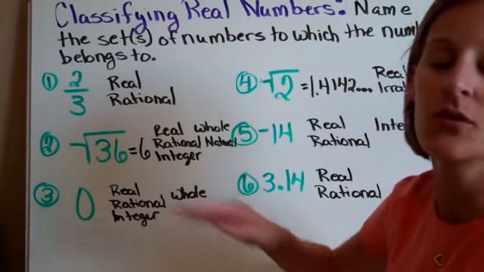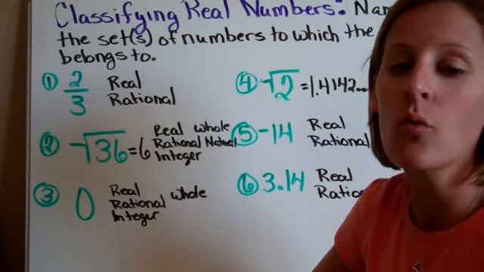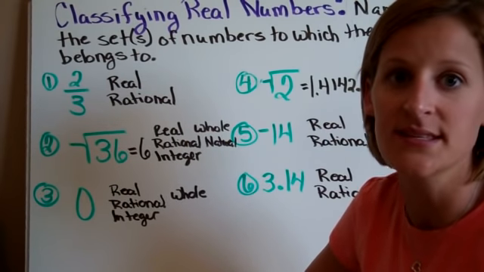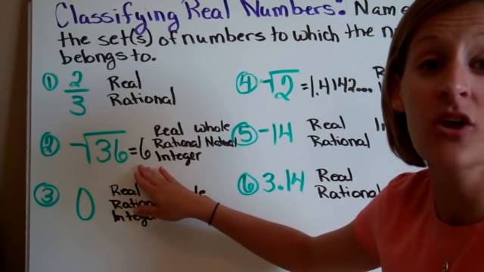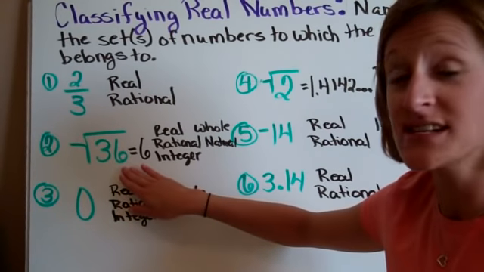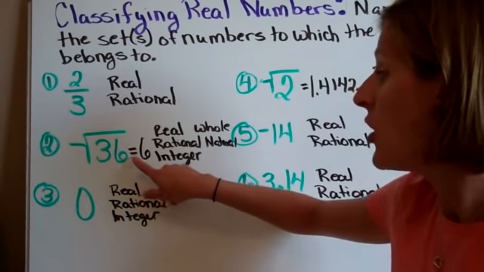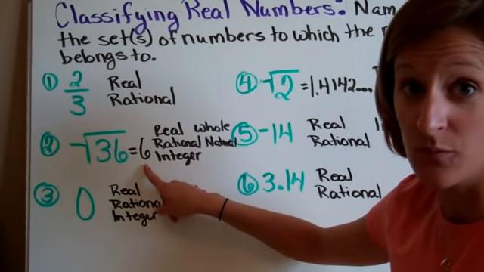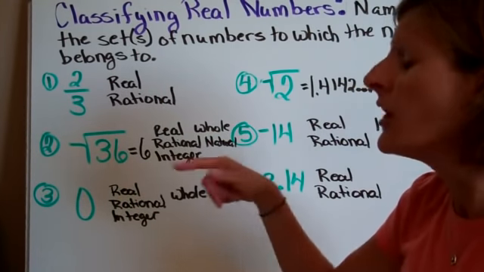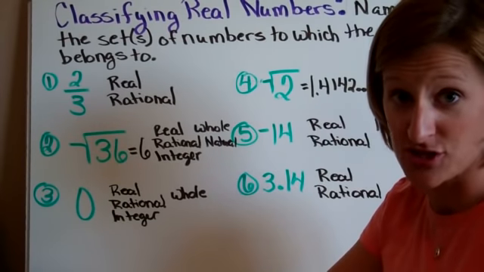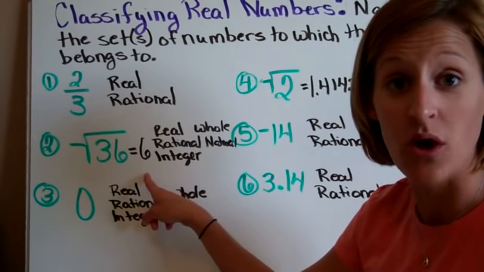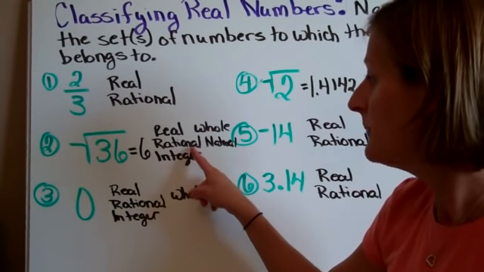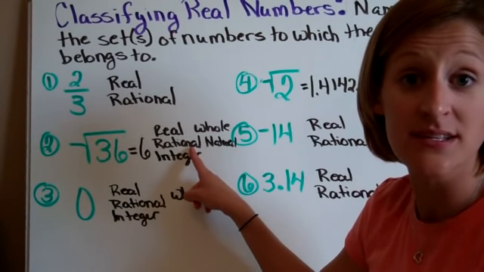Now we look at the square root of 36. We've got to actually figure out what the square root of 36 is. Well, that is 6. So in order to figure out what the square root of 36 belongs to, I've got to think of what 6 belongs to. We know it's real. Then we ask rational or irrational. Now it can be expressed as a fraction, 6/1, so it's rational. Okay? Now, is it a whole number and its opposite?